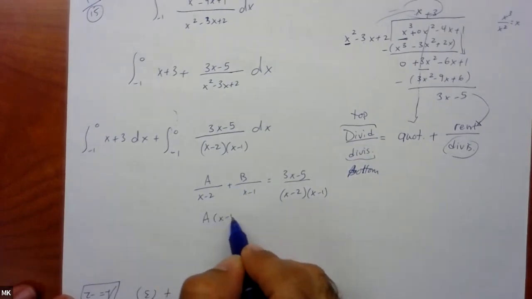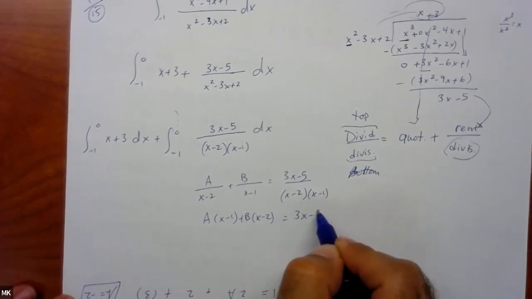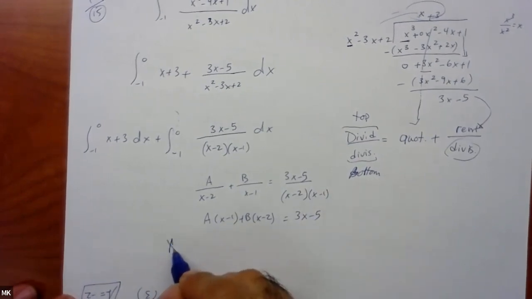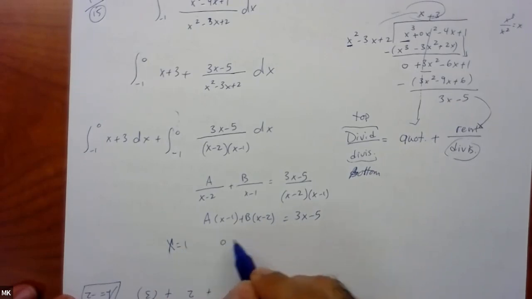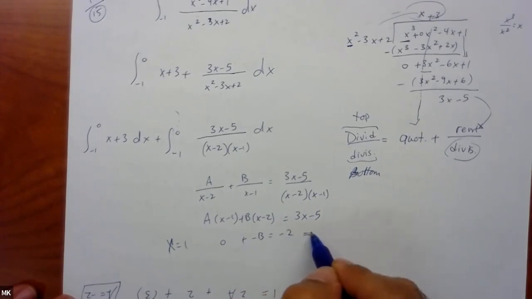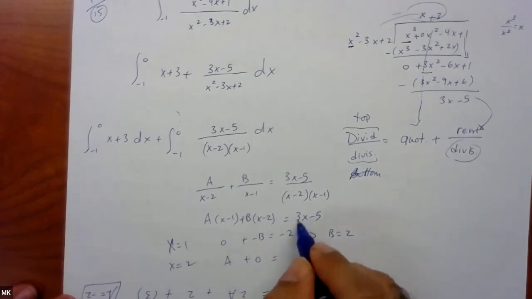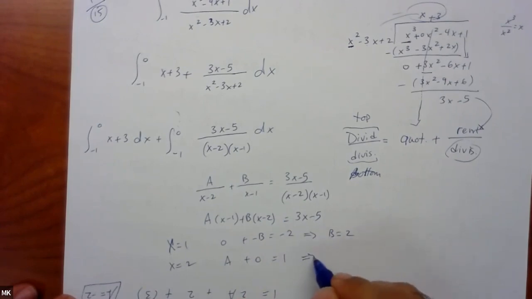Then a(x minus 1) plus b(x minus 2) is 3x minus 5. When x is 1, I get 0 plus negative b is -2, which means b is 2. And then when x is 2, I get a plus 0 is equal to 1, which means a is 1.